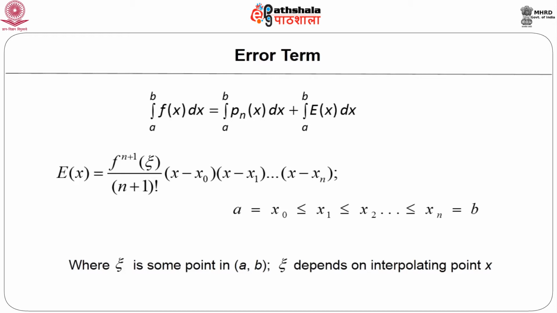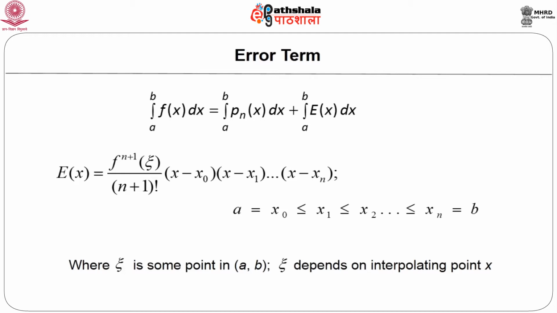That is, the product of (x minus xi), i running from 0 to n, upon (n+1) factorial, multiplied by the (n+1)th derivative of f at some point xi. This point xi is not known to us, but what we know is that it lies within the interval (a, b). And therefore, we integrate both sides of this equation.